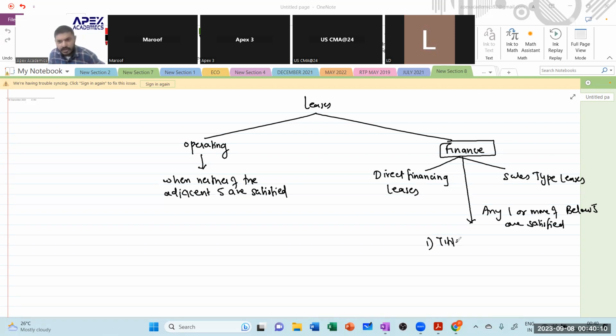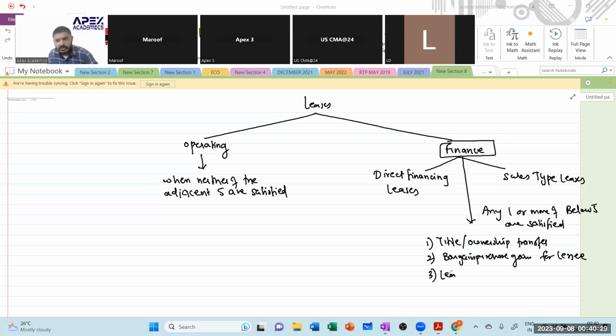Title transfer or ownership transfer. Agreed or disagree? Agreed. Second one, bargain purchase gain for lessee.